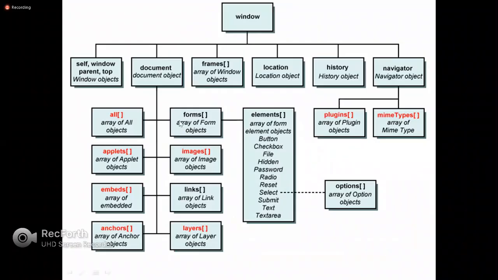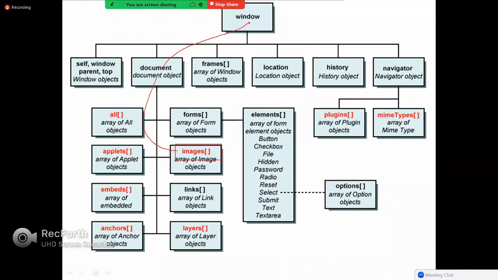Images are present here. That means what is the hierarchy of image? Image is present in document, document is in window. Where is my button? Button is present in elements, elements are in forms, forms are in document, document is in window. That is the hierarchy.